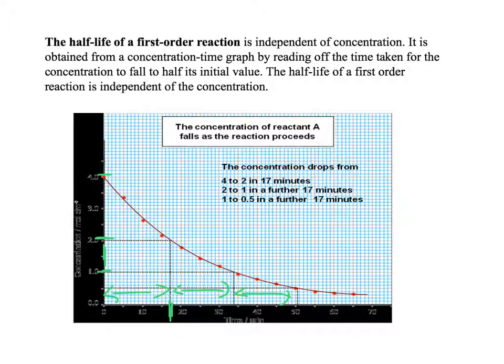So for this one, it's a constant half-life. The time taken for the concentration to halve for reactant A is always the same. And in this case, it takes 17 minutes to do that. If you plot a graph like that, this means that the order with respect to A is first order. For any first order, the concentration will always have a constant half-life.